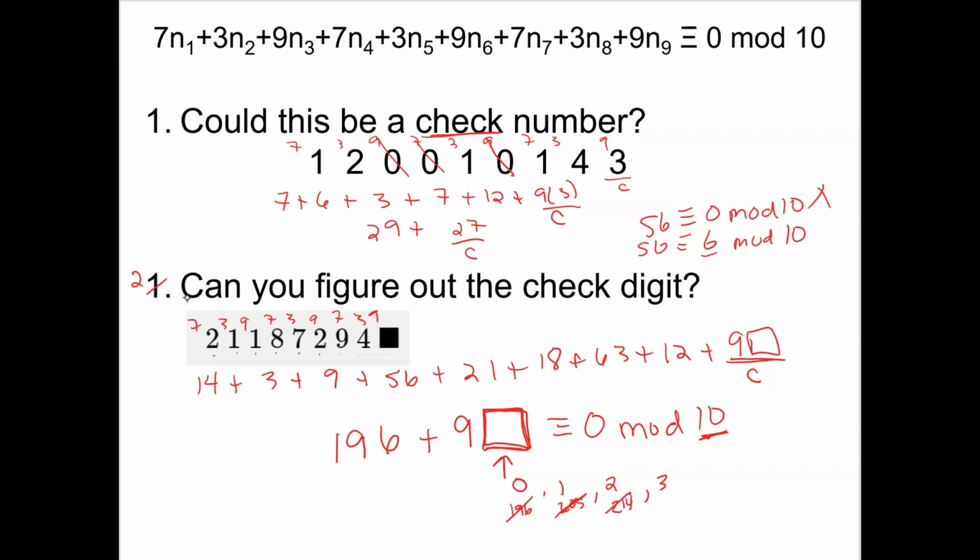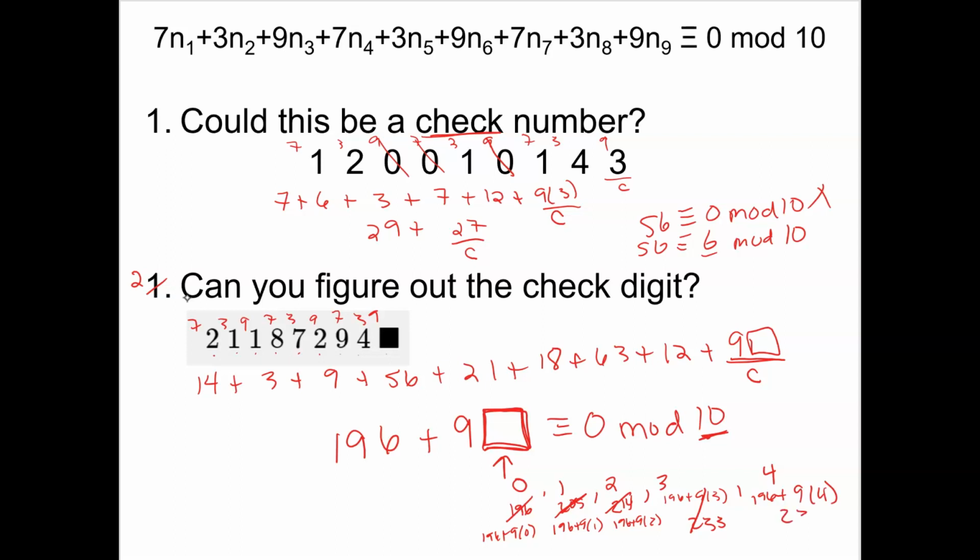Let's try 3. So what I'm doing here is 196 plus 9 times 0, 196 plus 9 times 1, 196 plus 9 times 2, 196 plus 9 times 3, and I get 223, which is a remainder of 3. Let's try 4. 196 plus 9 times 4.